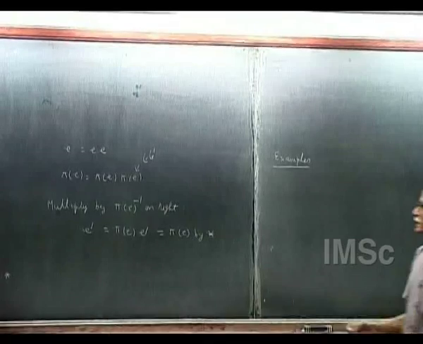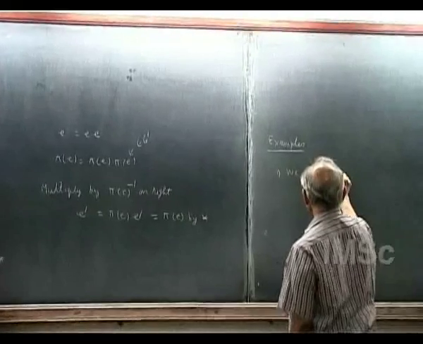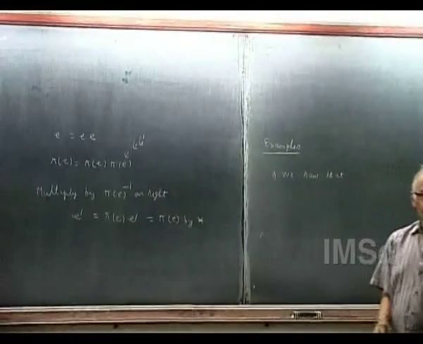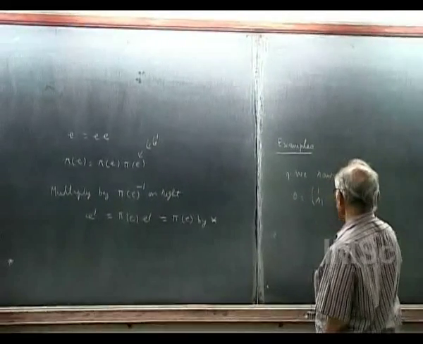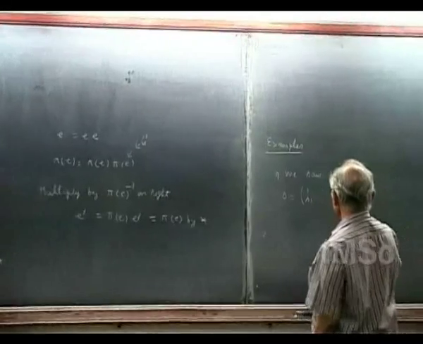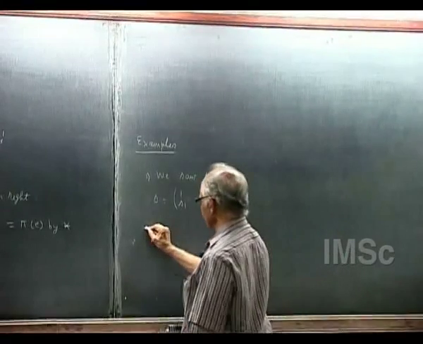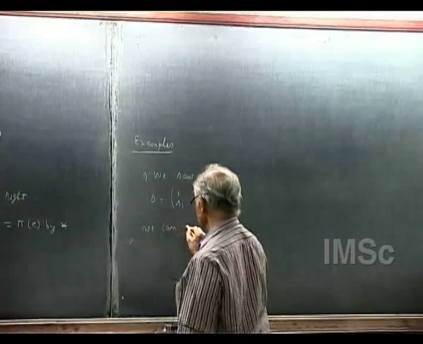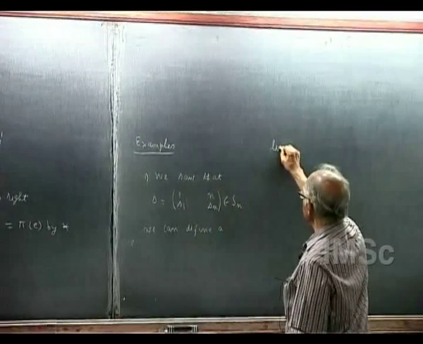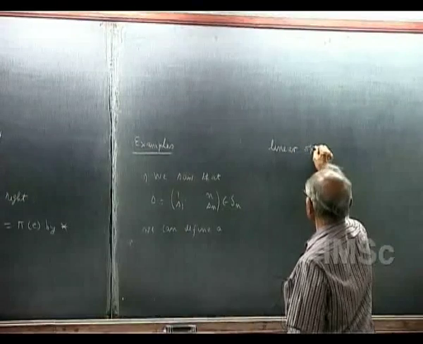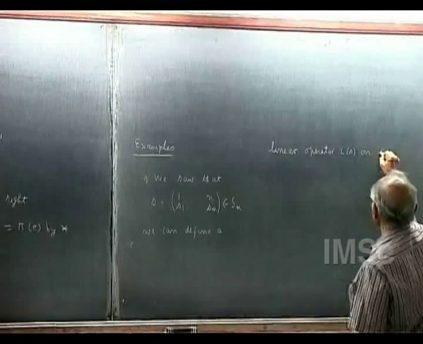Let me look. We saw earlier that if S is a permutation, we can define a linear operator L_S on C^n.